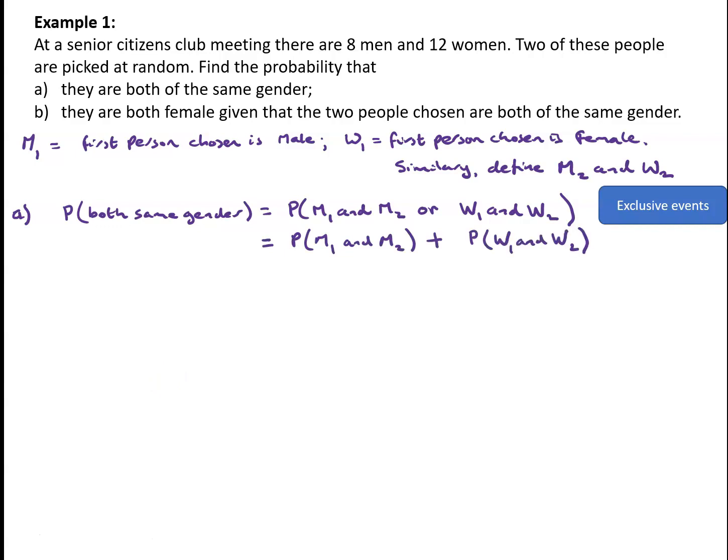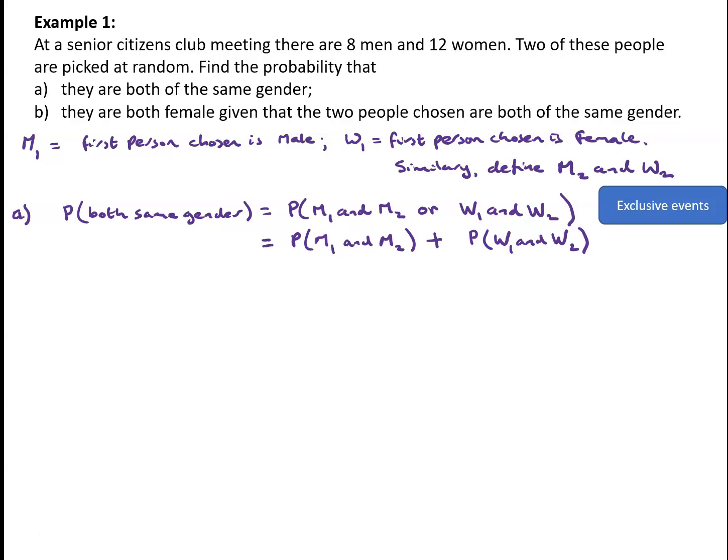Now in the original group we've got 20 people altogether, of whom 8 are men. So the probability the first one is a man is 8 over 20. If the first one is a man, then the probability the second one is also a man is going to be 7 over 19.